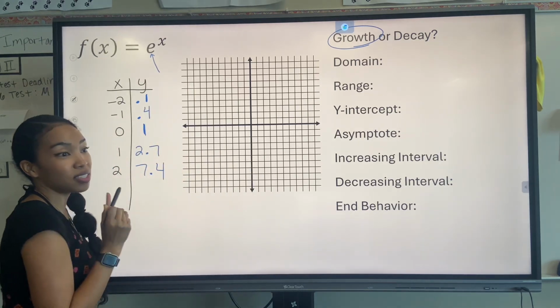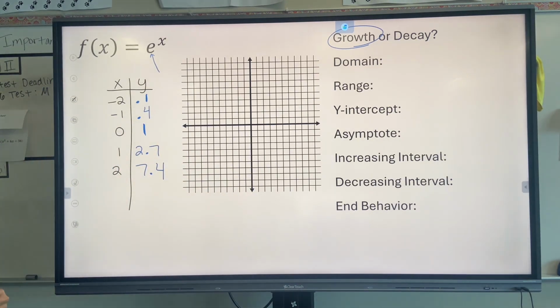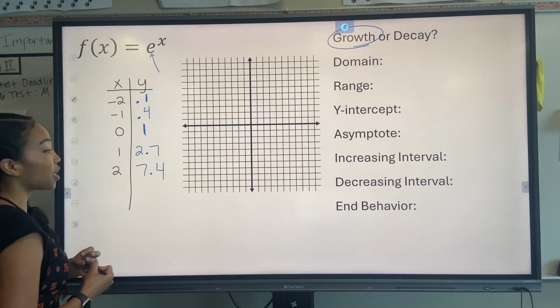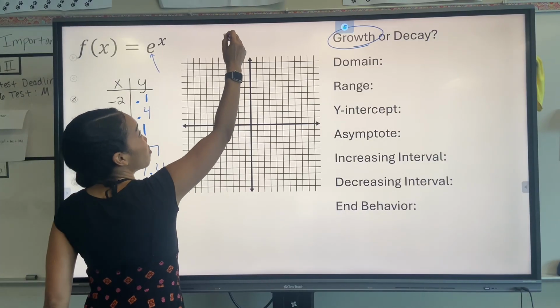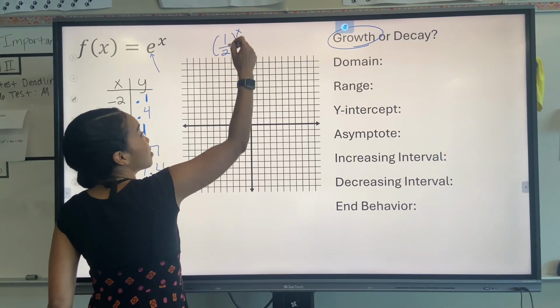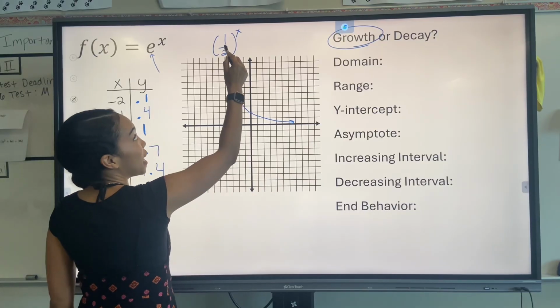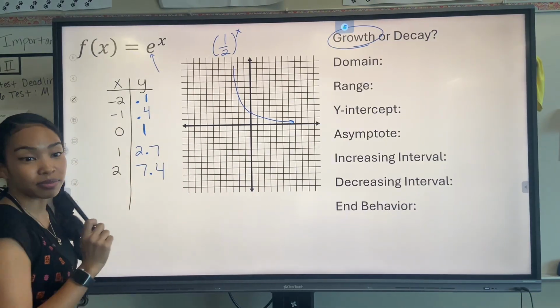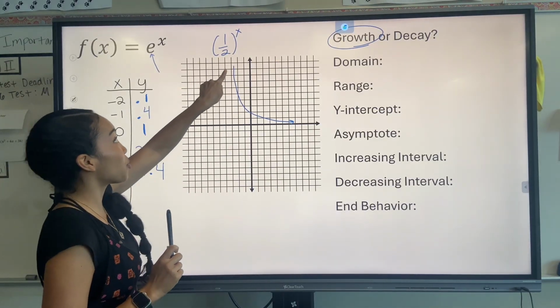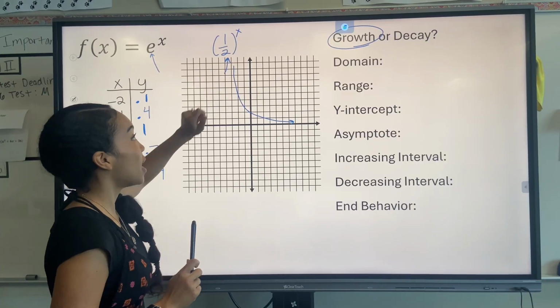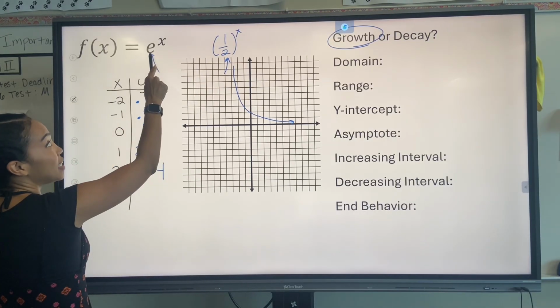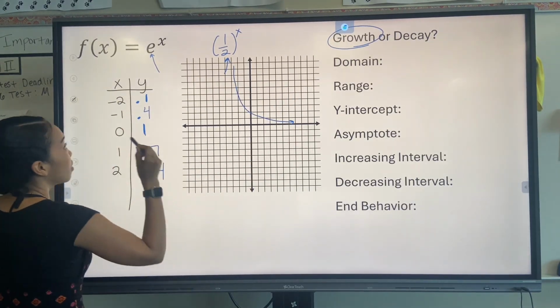If it's between 0 and 1, it's going to be decay. So if you look at your notes from yesterday, when we graphed 1/2 to the power of x, it was decreasing because 1/2 is between 0 and 1. So whenever it's decay, your base is between 0 and 1. And if it's bigger than 1, like e is, it's going to be growth.